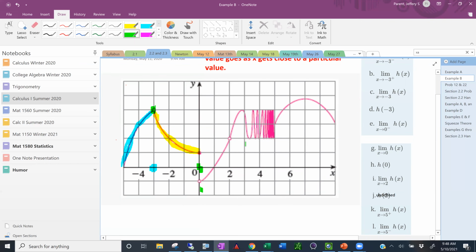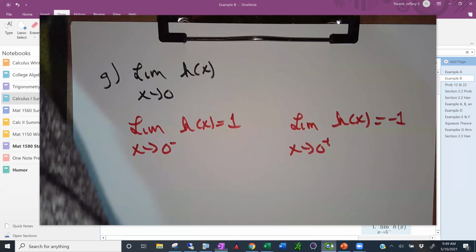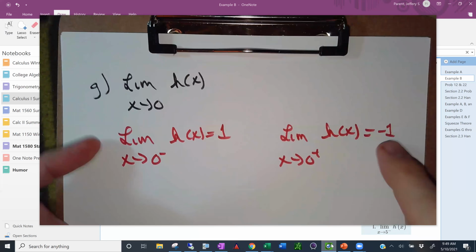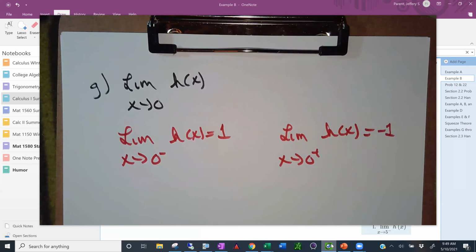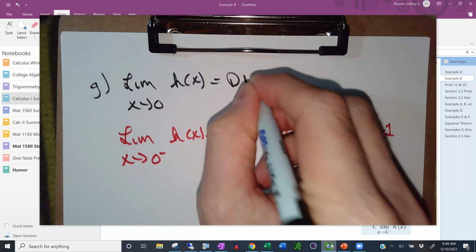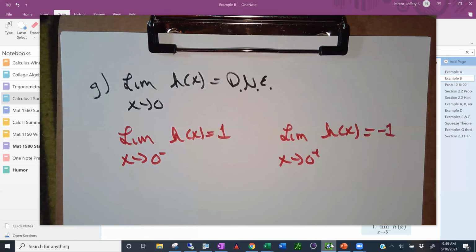How about as we approach from the right? -1. Yeah, thank you, -1. So we got 1 and -1 for those two. What's that say about this limit overall? Doesn't exist. Yeah, thanks, Cole. Does not exist.